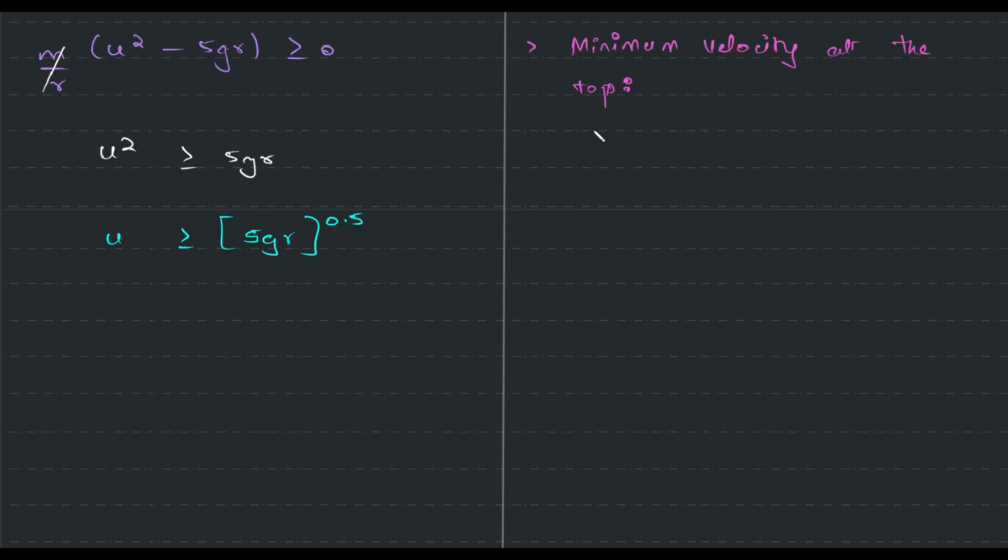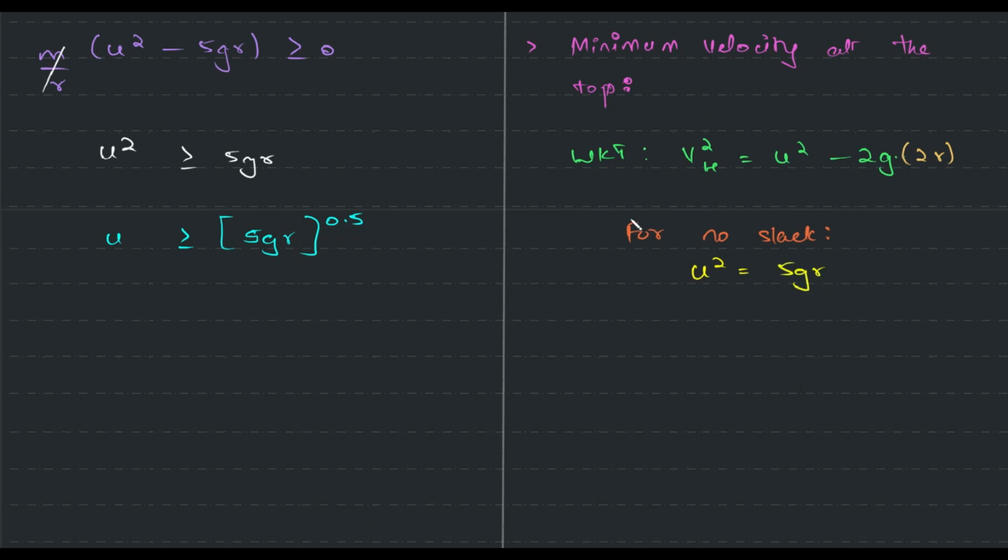So for that, we'll start off with the expression v square at h is equal to u square minus 2gh, and at h this is 2r, and for no slack we have the condition that u square is equal to, we just wrote it, 5gr.